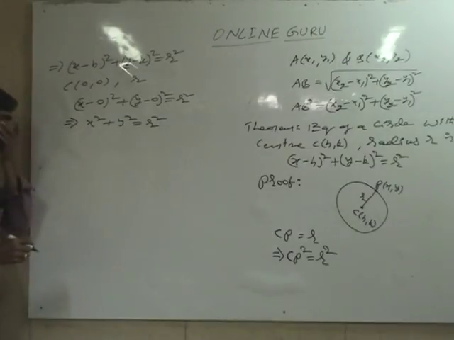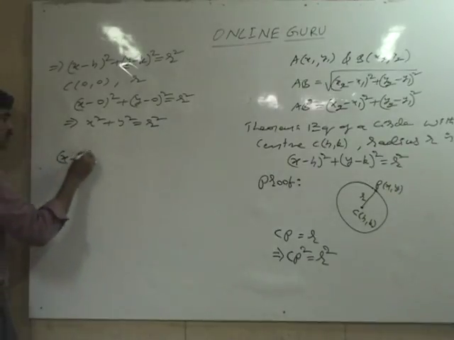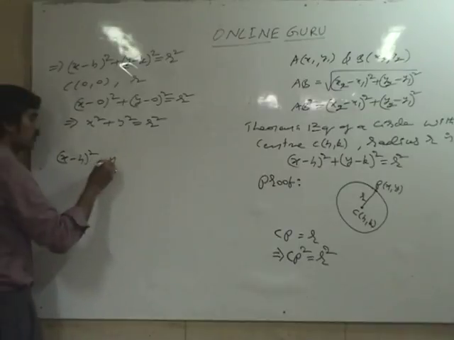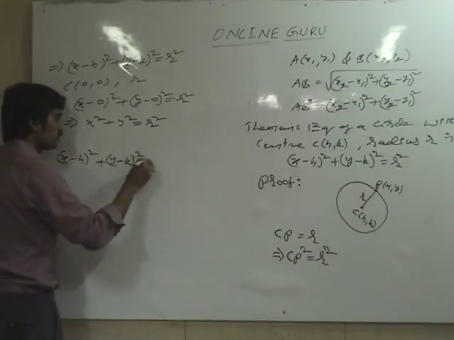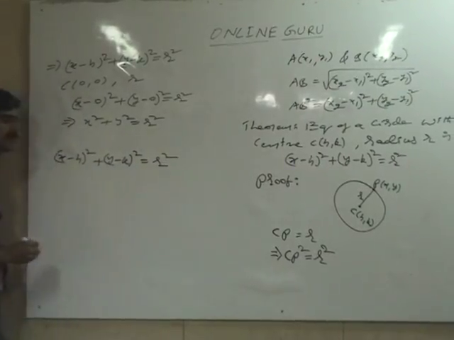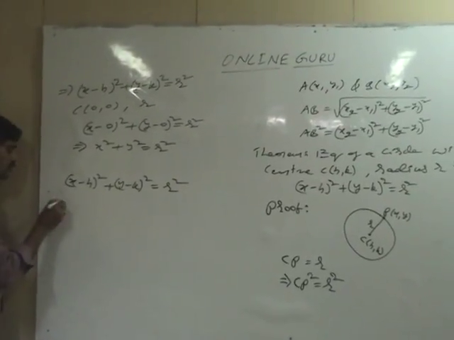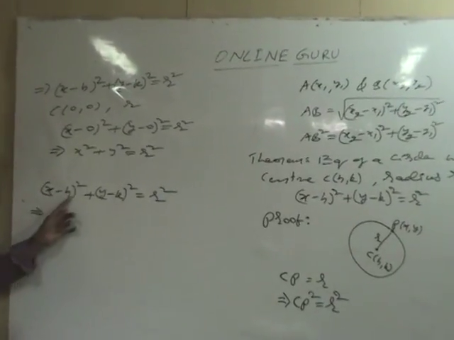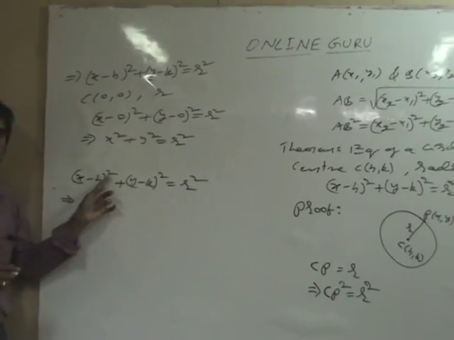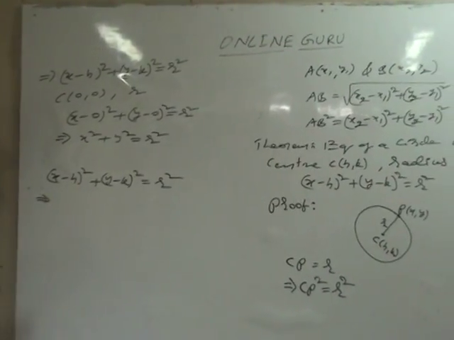Now we consider this equation, that is, (x minus h) whole square plus (y minus k) whole square equal to r square. Expand this. You can expand (x minus h) whole square by using the formula (a minus b) whole square.